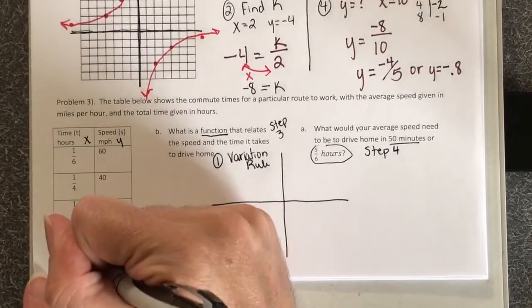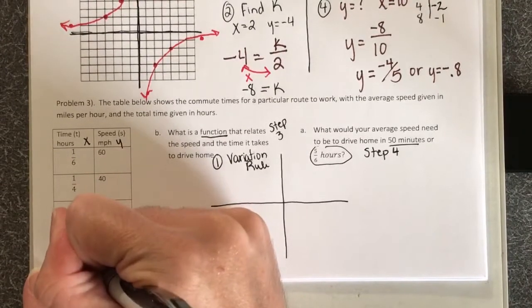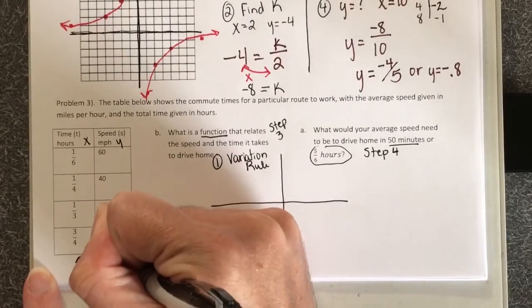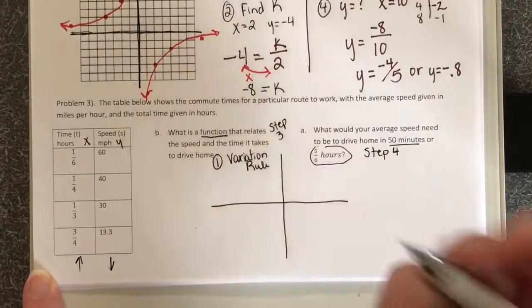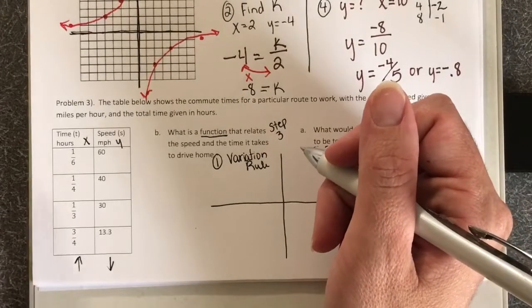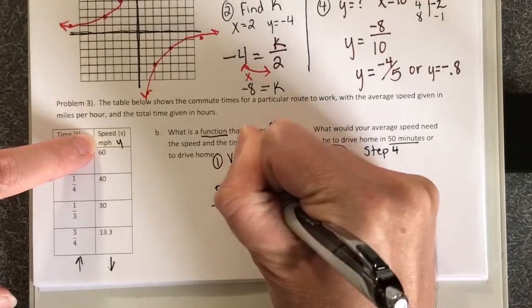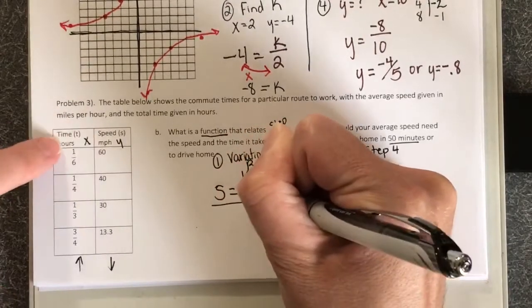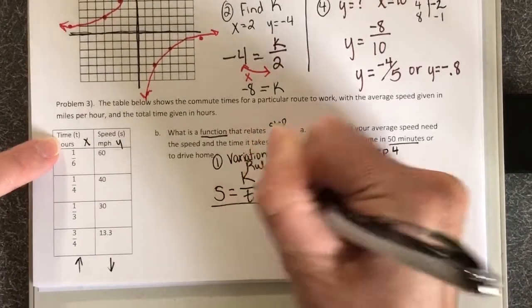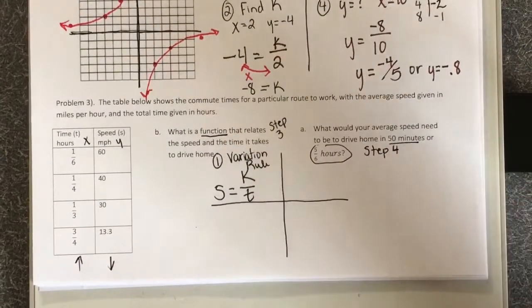So increasing and decreasing, so this has to be inverse variation. So y equals k over x, but in this case, s equals k over t. Speed is equal to the constant divided by the time.